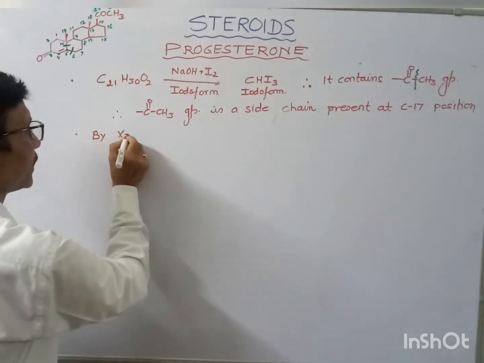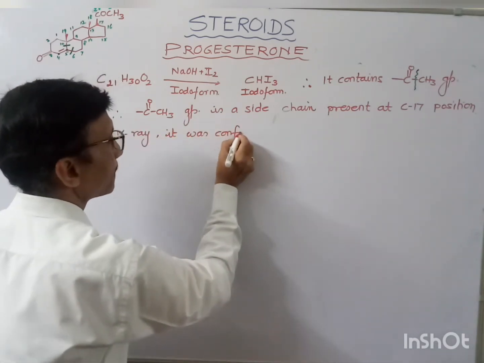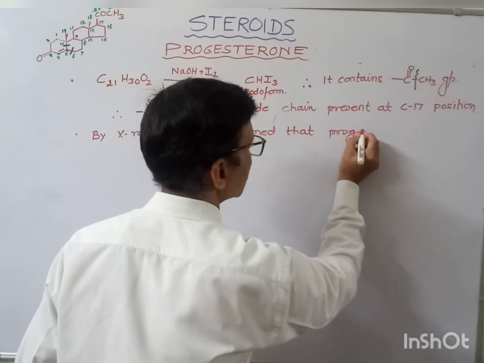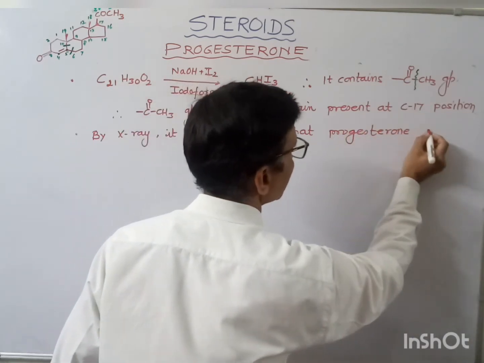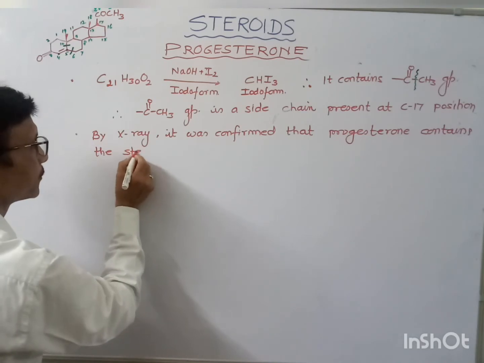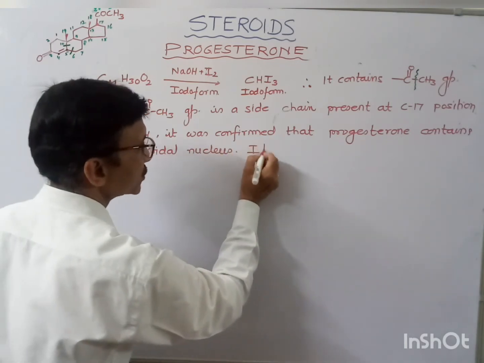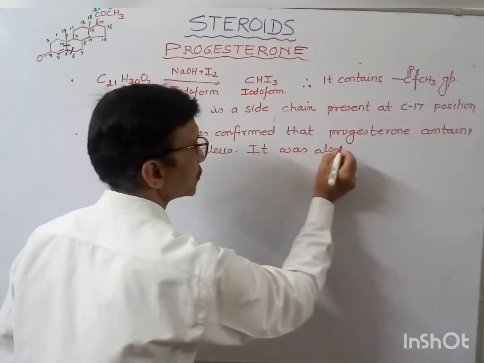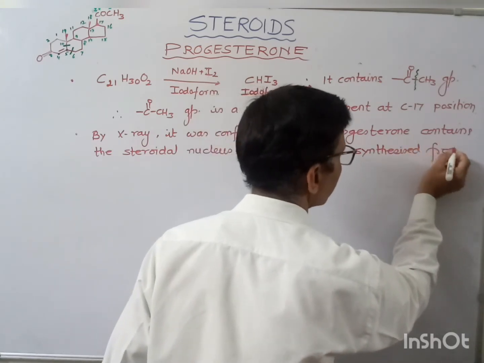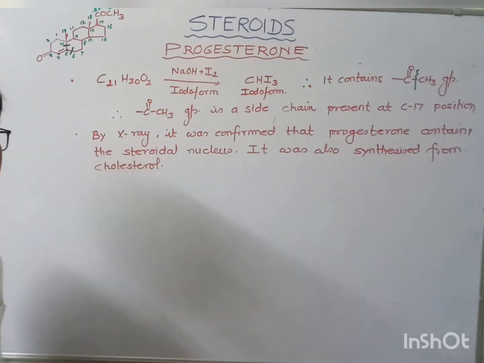So by X-ray, it was confirmed that progesterone contains the steroidal nucleus, and it was also synthesized from stigmasterol as well as cholesterol. So what does it indicate?